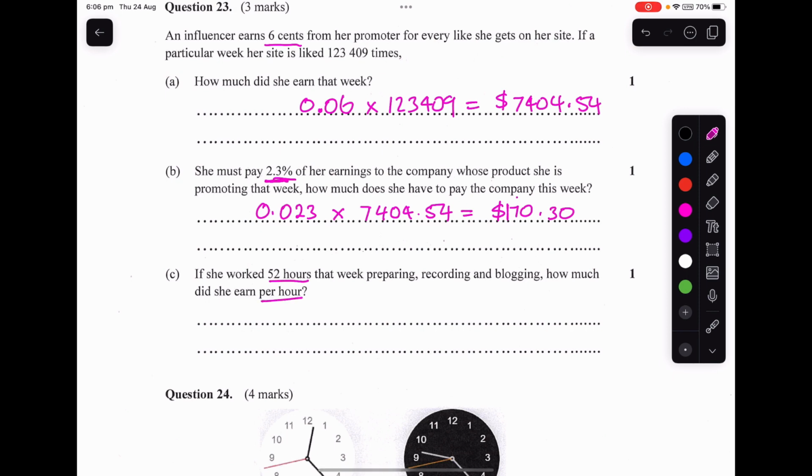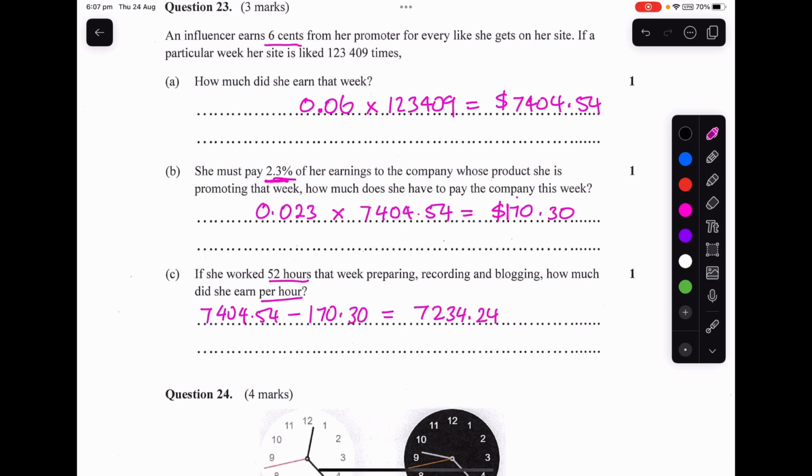If she worked 52 hours that week preparing, recording, and blogging, how much did she earn per hour? Well, first of all, we have to take away what she paid to the company. So she earned $7,404.54, but she had to pay $170.30 to the company. She will get $7,234.24.